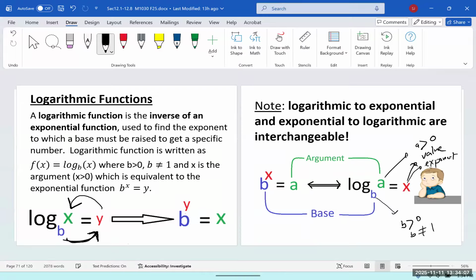They call it exponent because the base gets that thing as an exponent. And then we set that equal to the argument. So the base gets the right side of the equal sign as a power equals the argument of your log. That's how you convert from log to exponential. We just go in a cycle.